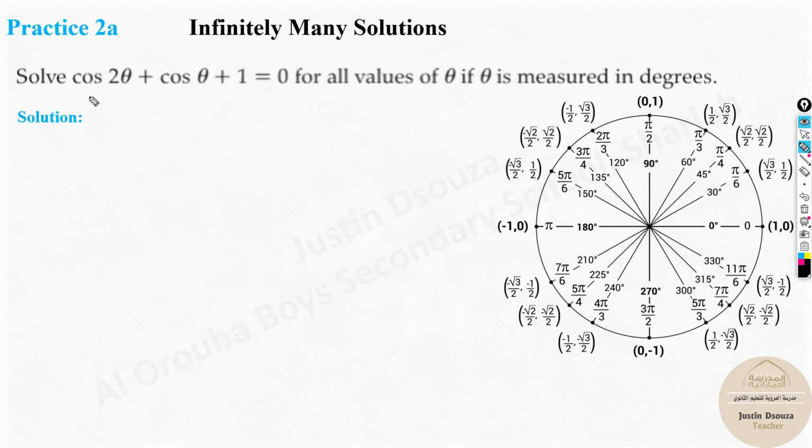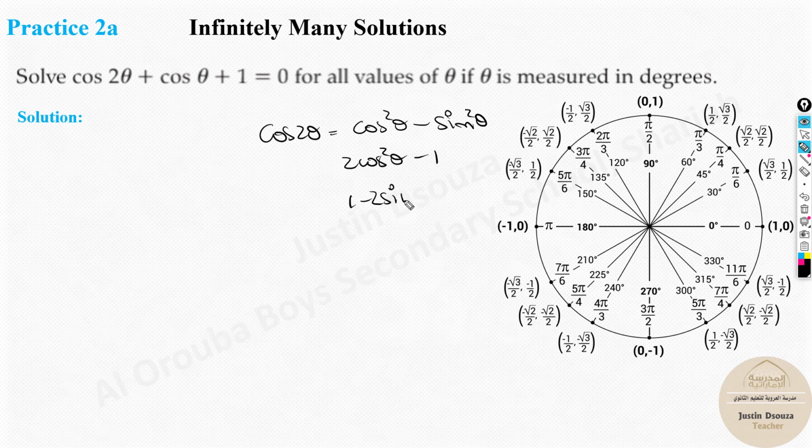In this problem, we have cos 2 theta plus 1 equals 0. What we have to do first is write down the formulas for the cos double angle identity. It is either cos square theta minus sine square theta, or 2 cos square theta minus 1, or the last one, 1 minus 2 sine square theta.